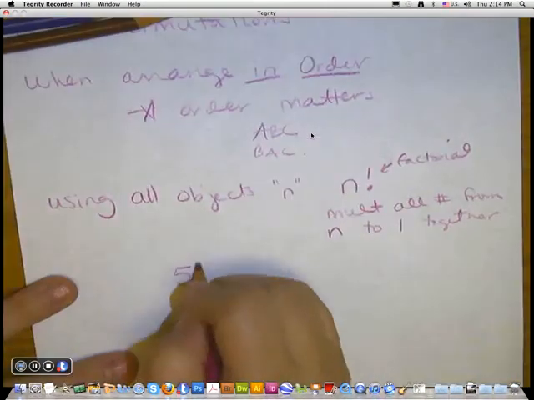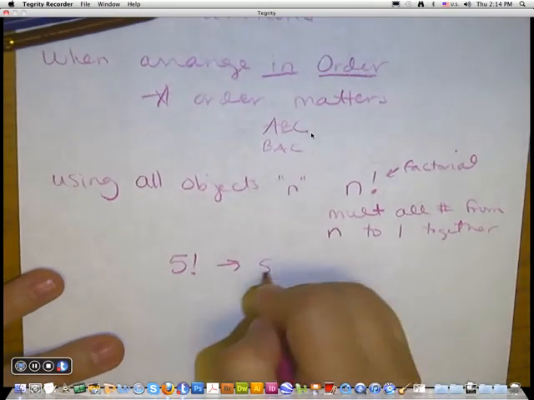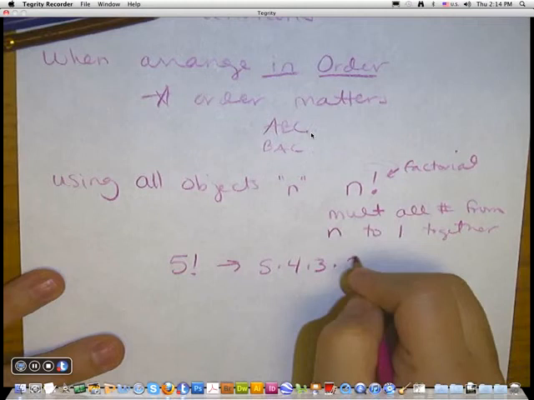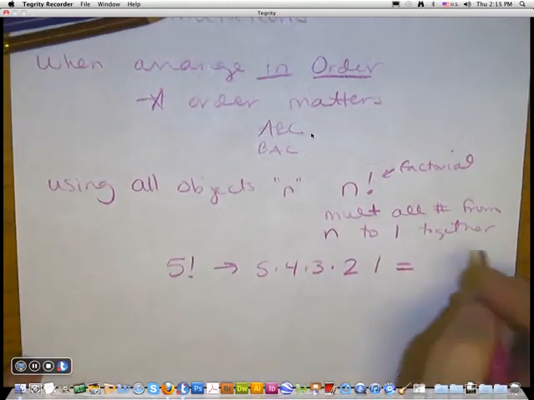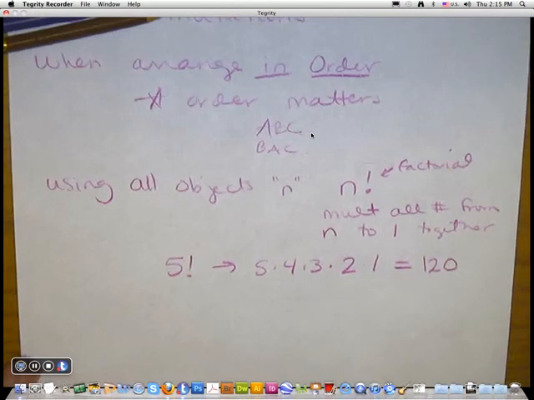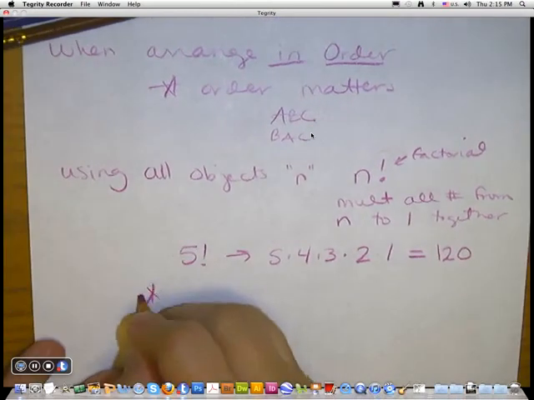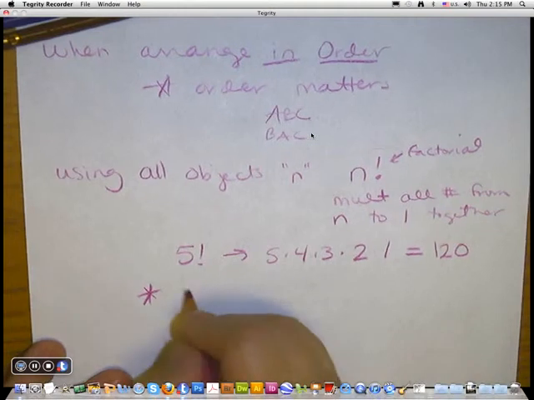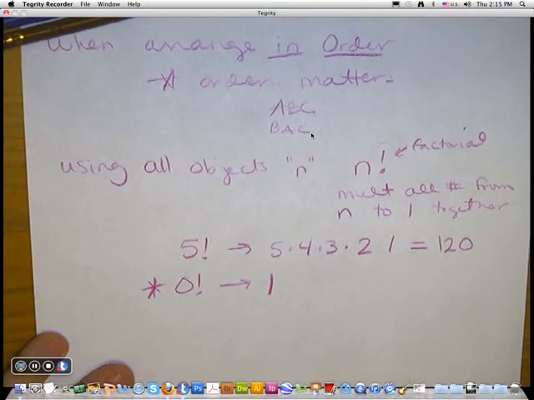So if I had 5 factorial, that would be 5 times 4 times 3 times 2 times 1, which is 120. Something key that you need to know, 0 factorial is 1.